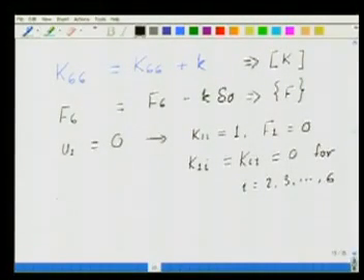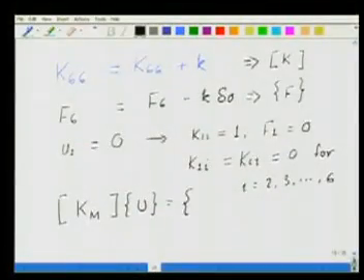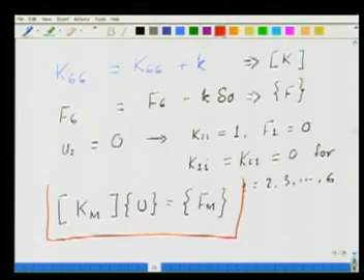So once we do this, apply these conditions, then I will get the K modified which is what we have to solve.